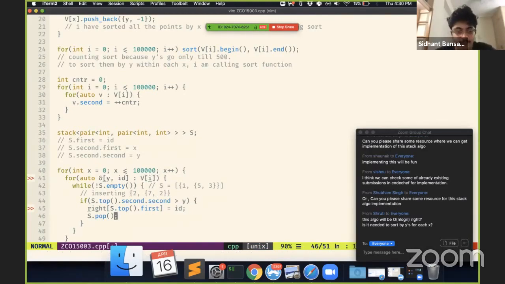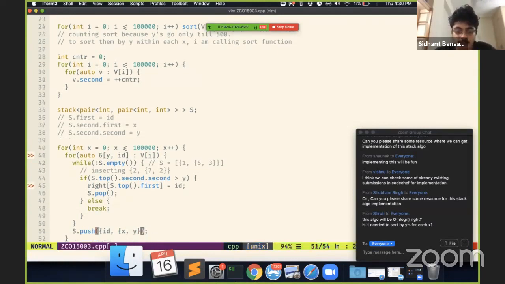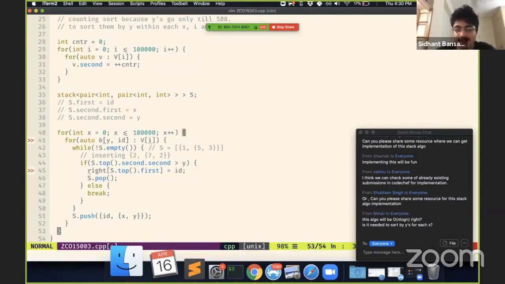And I'll keep on popping. Otherwise, I'll break here. And after all the popping, I'll push this guy inside. How do I push this guy inside? His ID, his x, y. Like that will be the broad pseudocode.